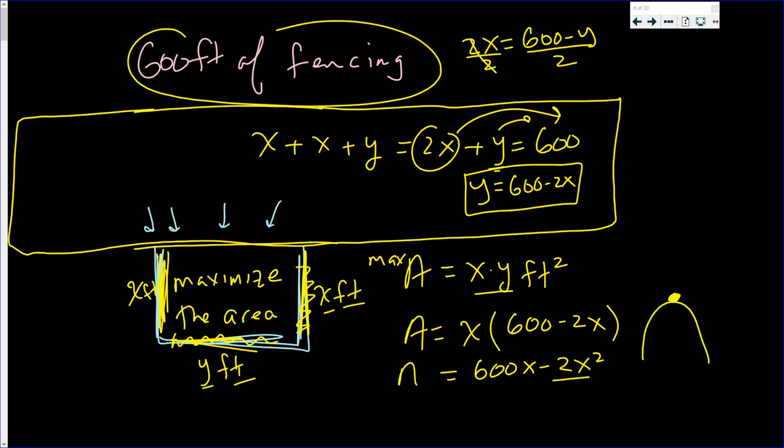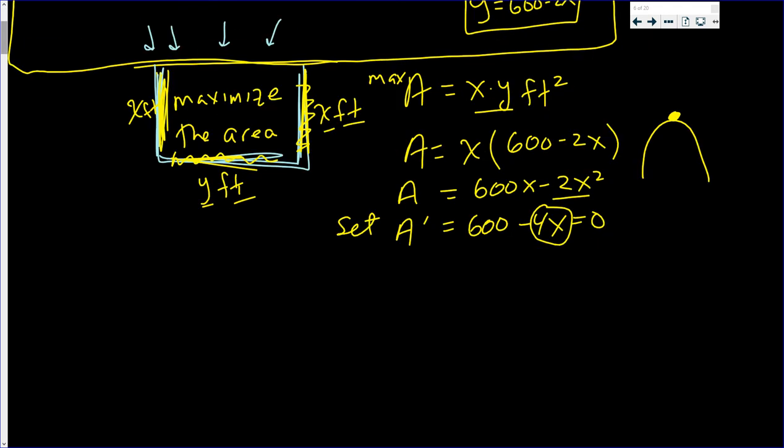Okay, so we take the derivative, which is 600 minus 4x, and we set it equal to 0. So 4x is 600. Divide by 4. You learned that x is 150 feet.